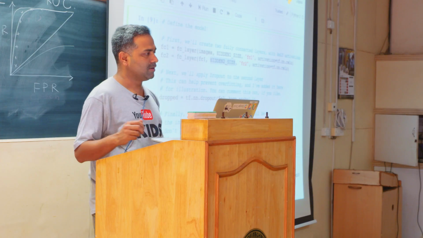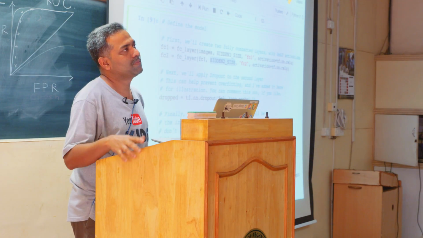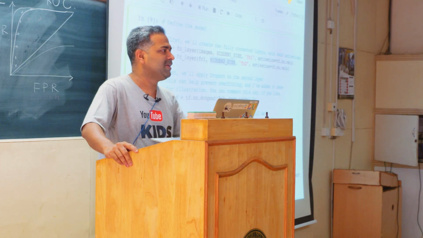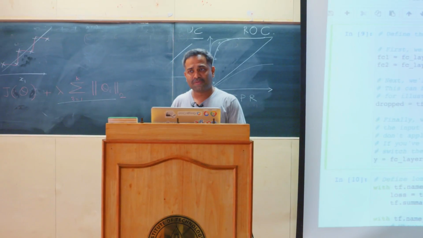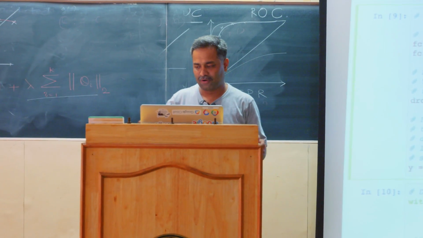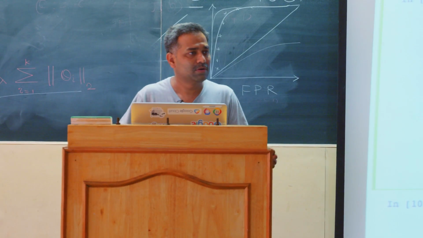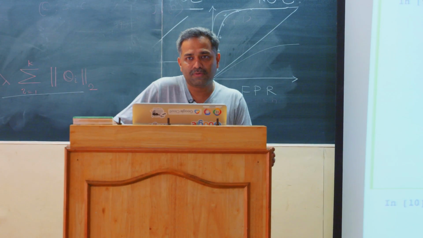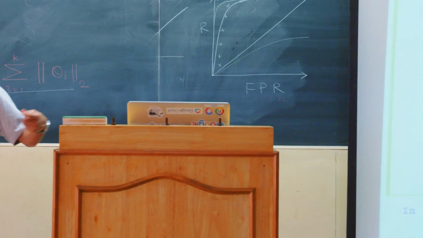Now let's add dropout. Sometimes we try to build a very complex model, but we don't have enough data. One of the famous regularization methods for neural networks is called dropout. Are you aware of dropout? No? So I build a neural network, I showed you neurons.